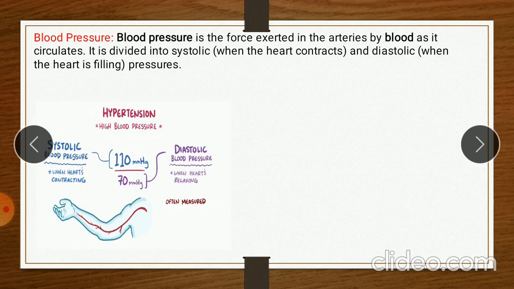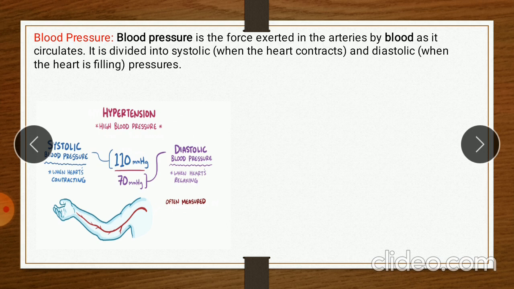Now what is hypertension and what do you mean by blood pressure? Blood pressure is the force exerted in the arteries by blood as it circulates. It is divided into systolic, when the heart contracts, and diastolic, when the heart is filling and relaxed.